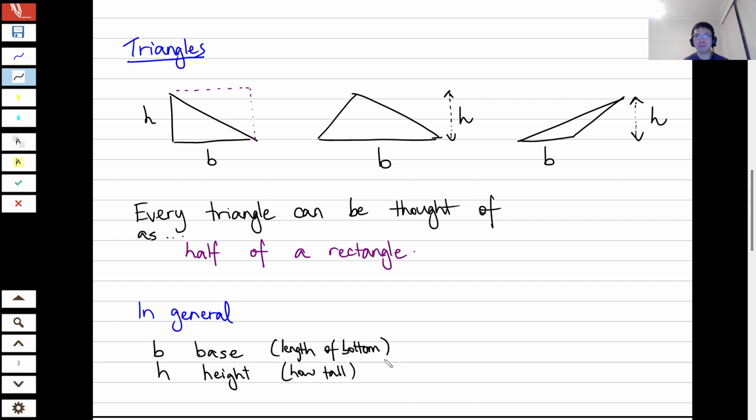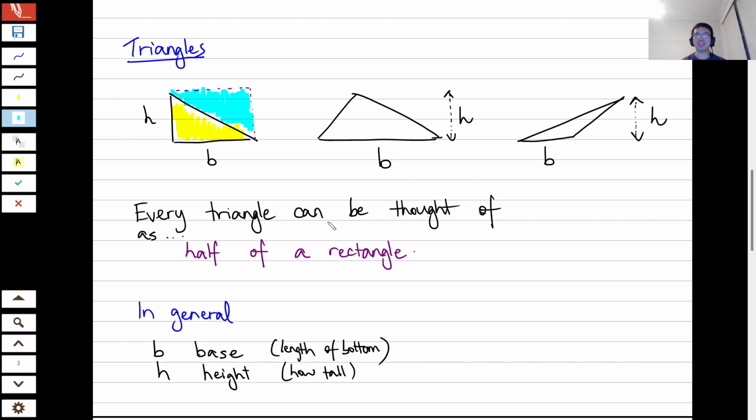Now I claim that if I draw a rectangle with length and width H and B, I get half the rectangle if I draw a line connecting the opposite sides of the rectangle.